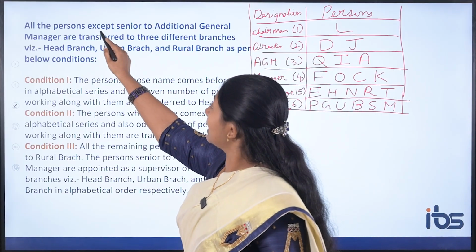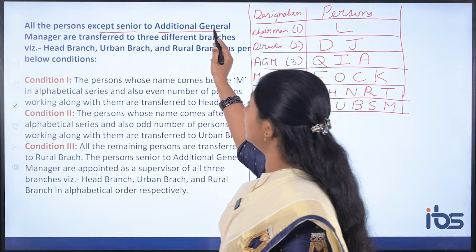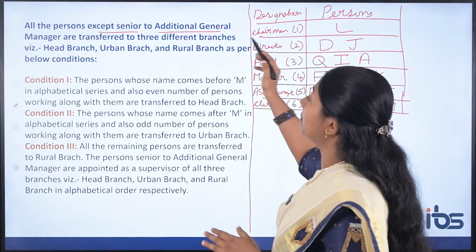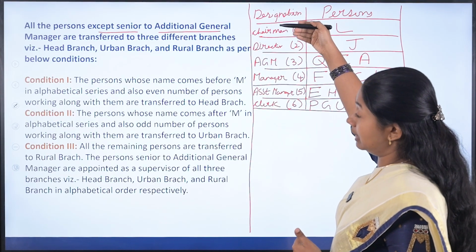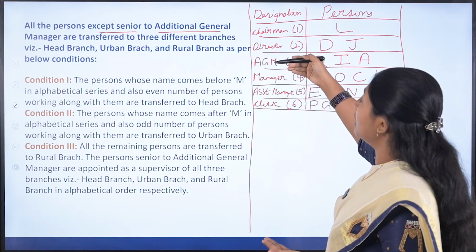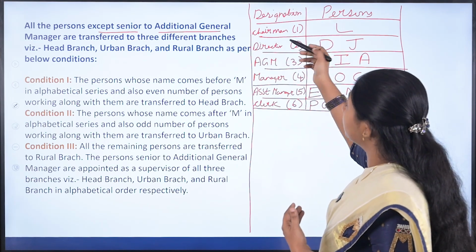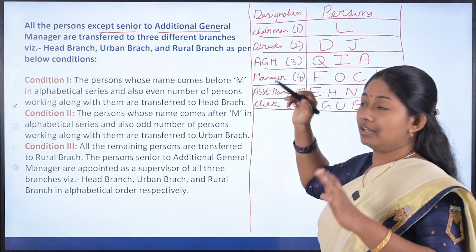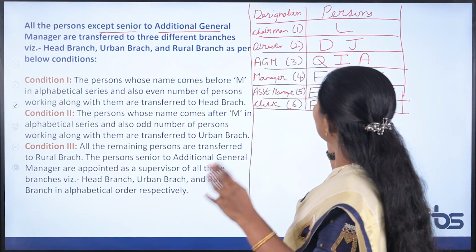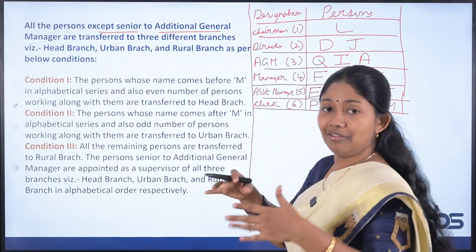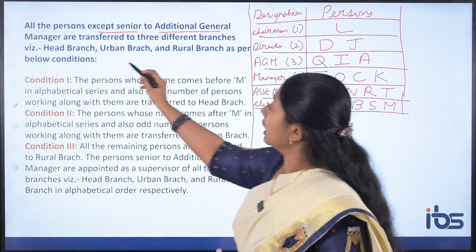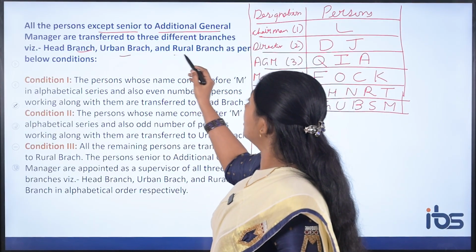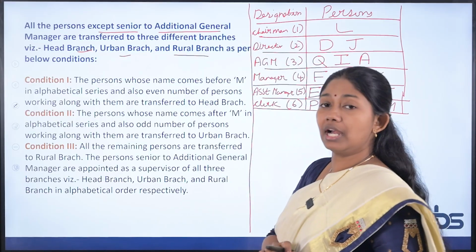All the persons senior to additional general manager are not transferred. So who are the persons senior to AGM? Director and the chairman. These persons are not transferred to any different branches, but the remaining are transferred to head branch, urban and rural branch as per the below condition.